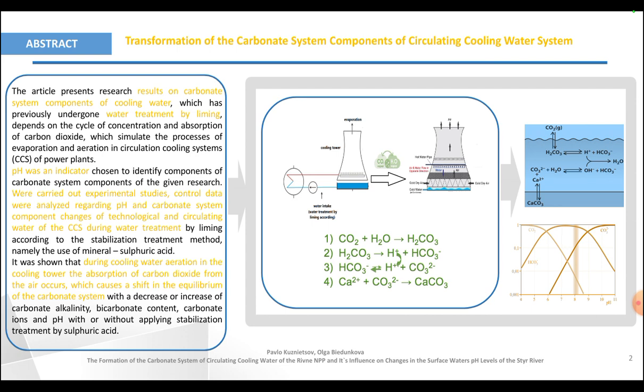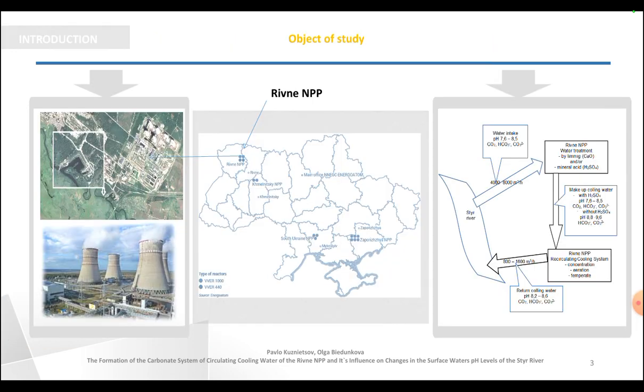My report presents research results on carbonate components of the water circulating cooling system, CCS, of Rivne NPP and its influence on natural water of the Styr river. The object of study is the CCS of Rivne NPP.